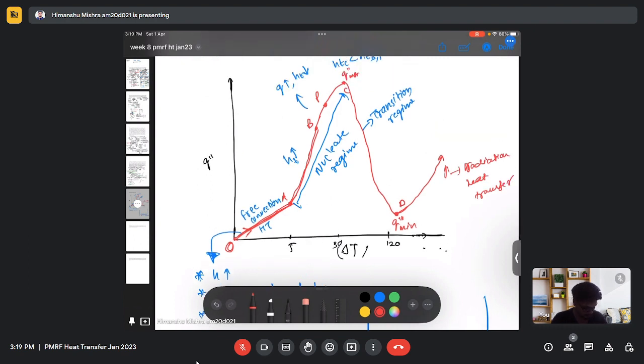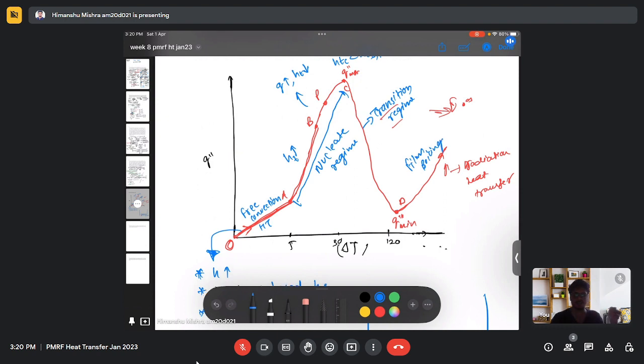So in the transition regime, we can go directly to this D, and let's say this is my E at infinity, somewhere here. We can easily go to the DE region, which is the film boiling region. So from CD, we can either transition to the film boiling region or to the nucleate boiling region.